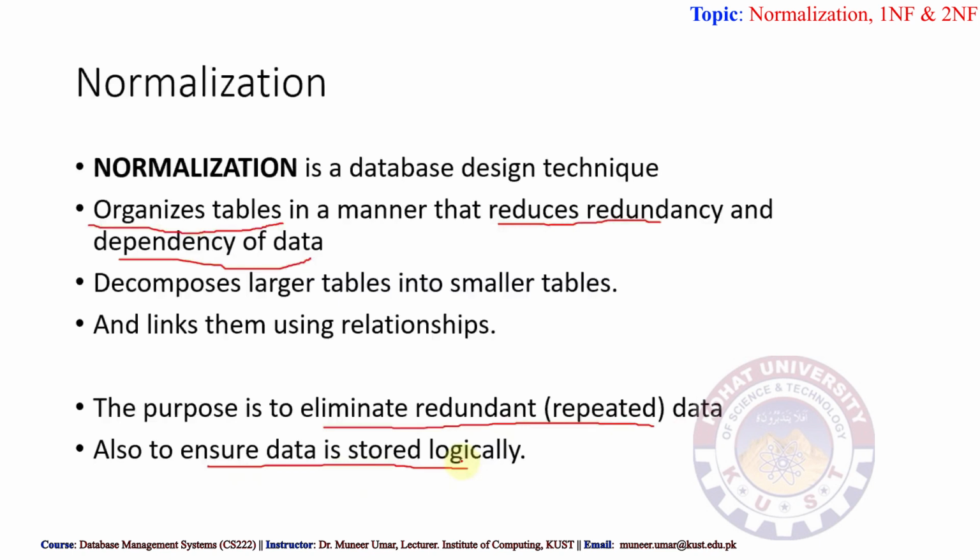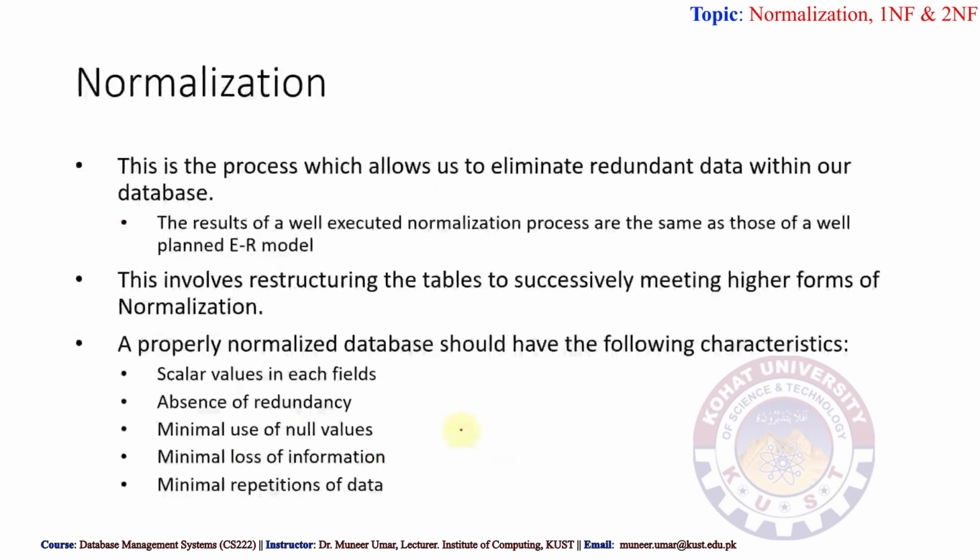The normalization process involves assigning attributes to tables based on the concept of the relational database model. The process of normalization doesn't mean that we delete some data. Actually we delete the replication of data, or simply you can say that we eliminate redundancy in the database.